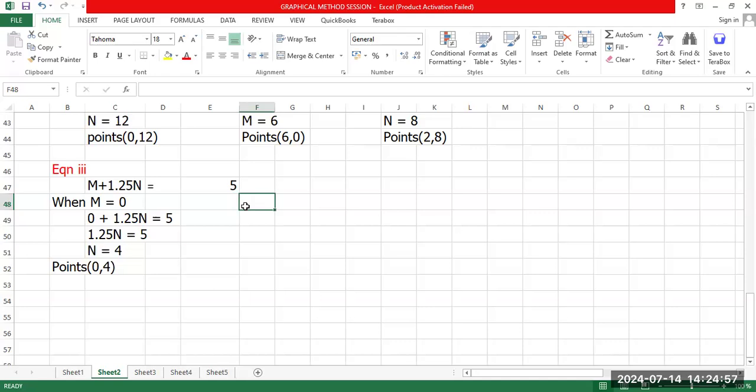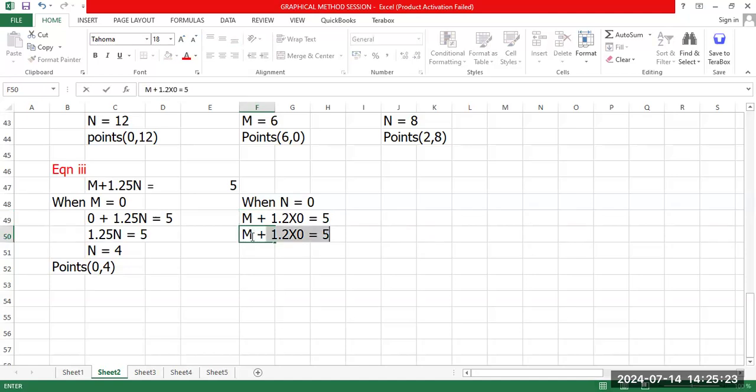Then next we say when n is equal to 0, I substitute. Where I have n, I put 0. So this is m plus 1.25 times 0 is equal to 5. So this is m plus 0 is equal to 5.